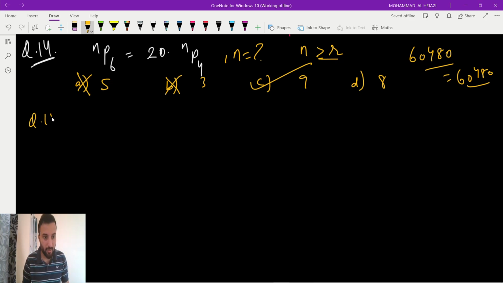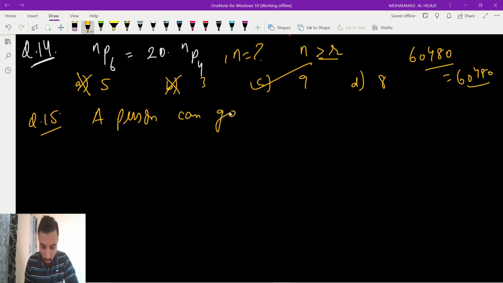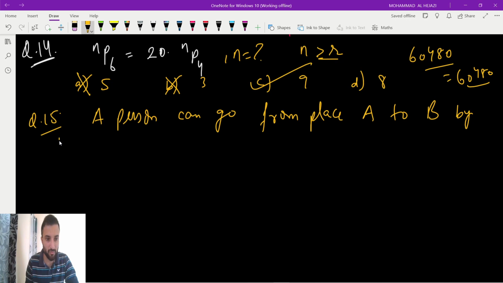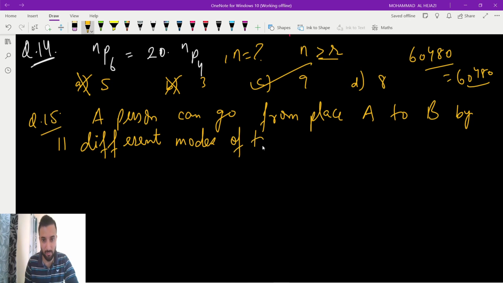Next question number 15. A person can go from place A to B by 11 different modes of transport.